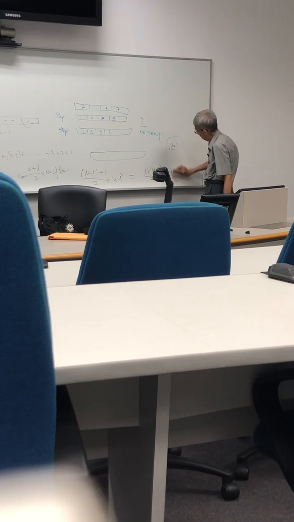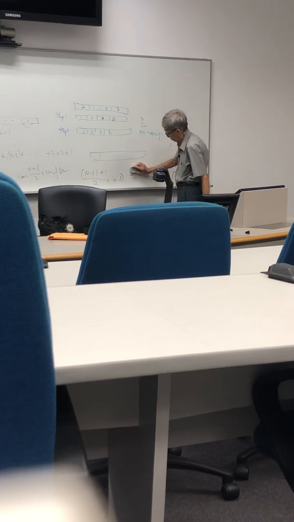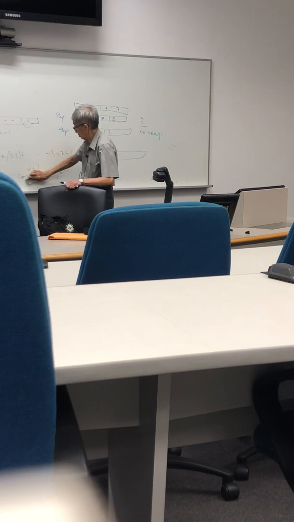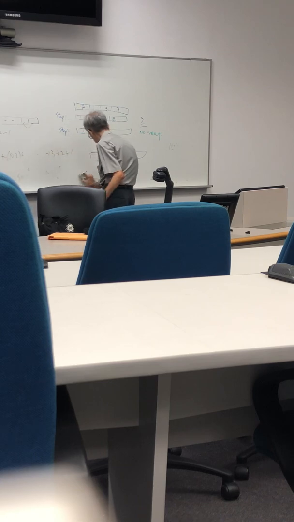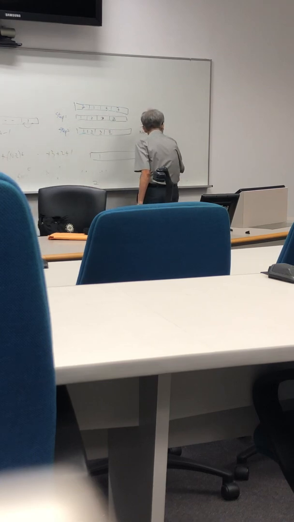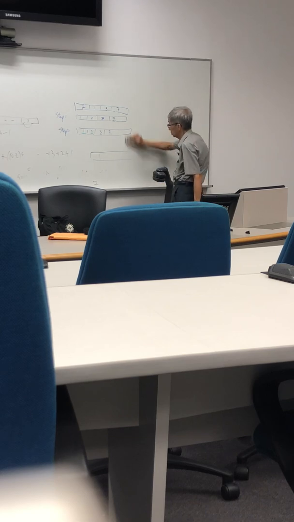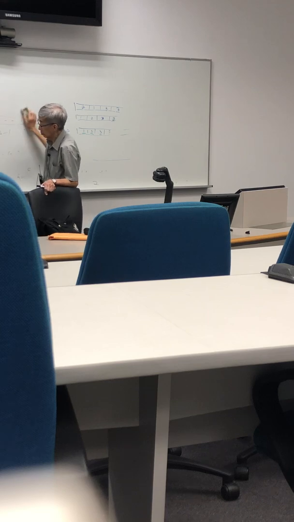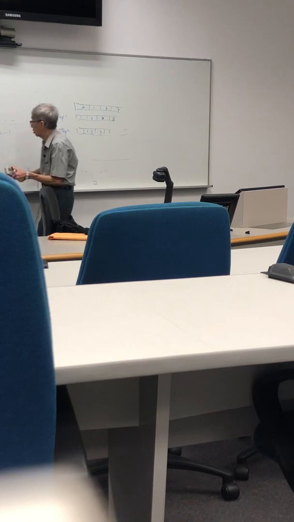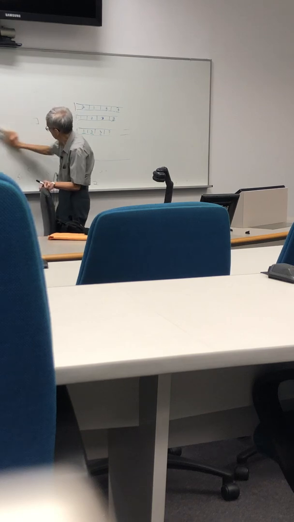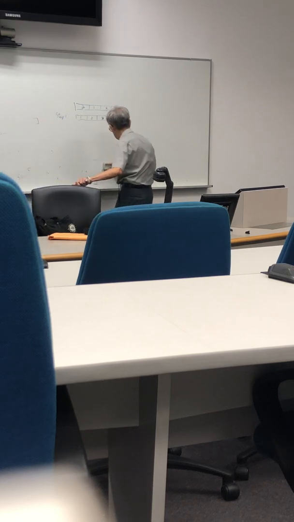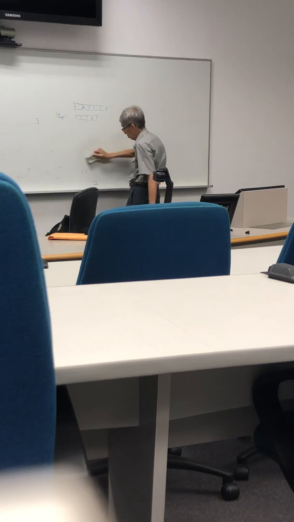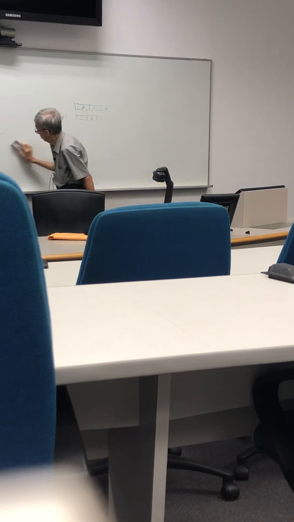Why is it A plus L divided by 2? Where? This one? The first element plus the last element, times the number of terms.